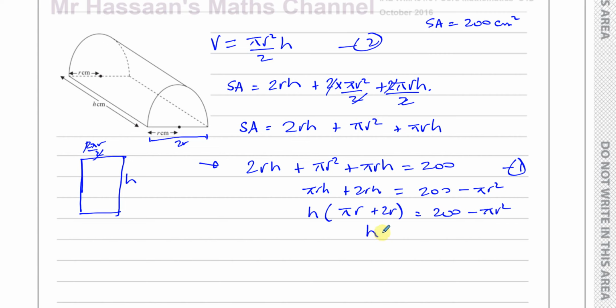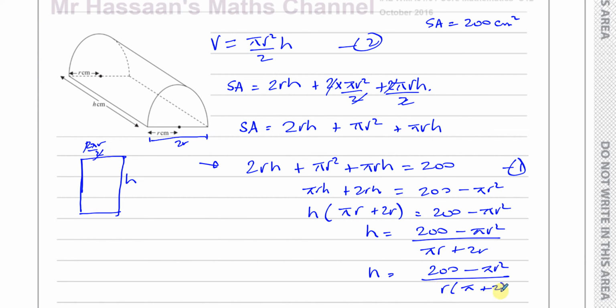So h therefore is equal to 200 minus pi r squared over pi r plus 2r. I can even simplify that a bit more in case it makes it easier later. I can write this as r times pi plus 2. Okay, so that's the value of h.